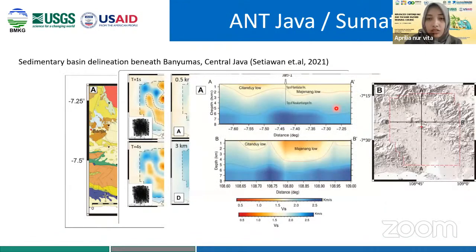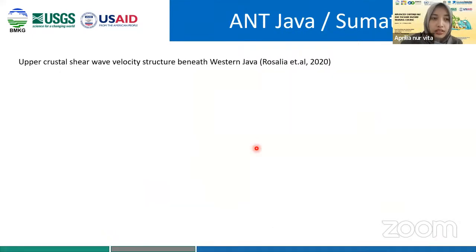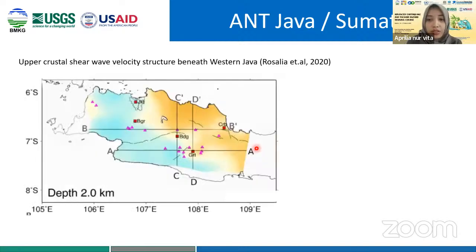The vertical cross section shows us that the Majenang Low has thicker sediment than the Citandui Low. And this is the upper crustal shear wave velocity structure beneath Western Java by Rosalia 2020.